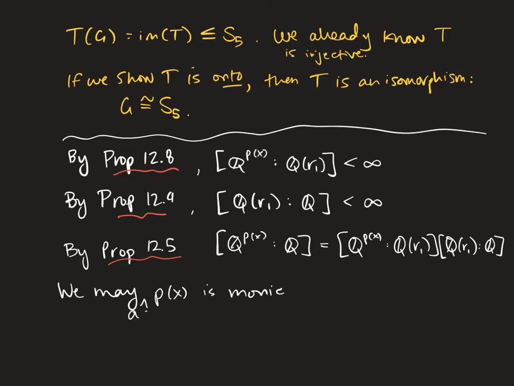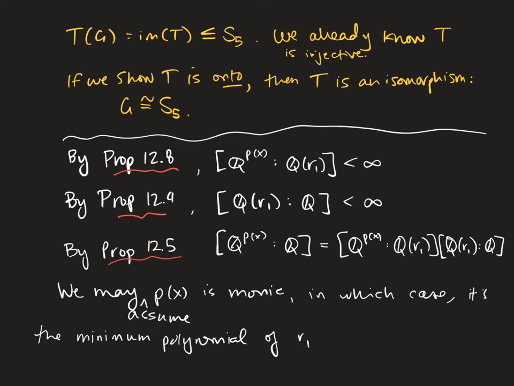We may assume P of X is monic, in which case it's the minimum polynomial of R1 over Q, right? It's an irreducible polynomial. R1 is a root, and as long as it's monic, it's the minimum polynomial.